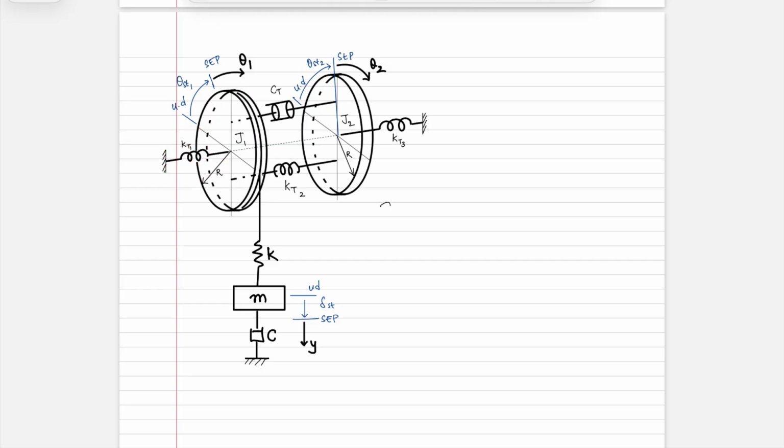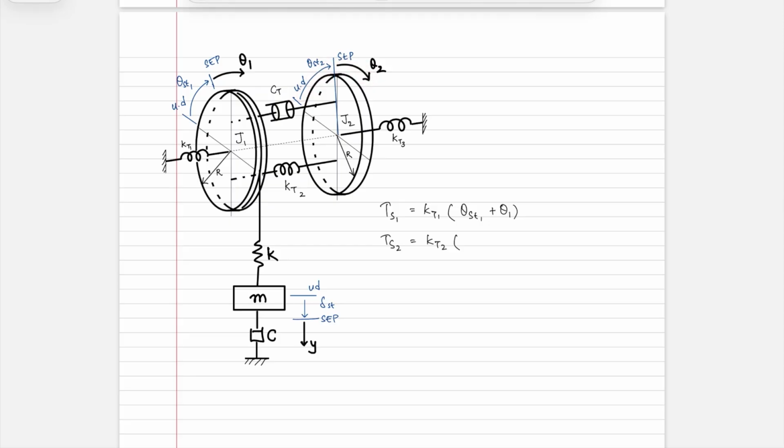So you have tau S1 is equal to KT1 times, what is the net deflection? You will have theta ST1 plus theta 1. Tau S2 is KT2 times, what is the net deflection? You have theta ST1 plus theta 1, and here you have theta ST2 plus theta 2.